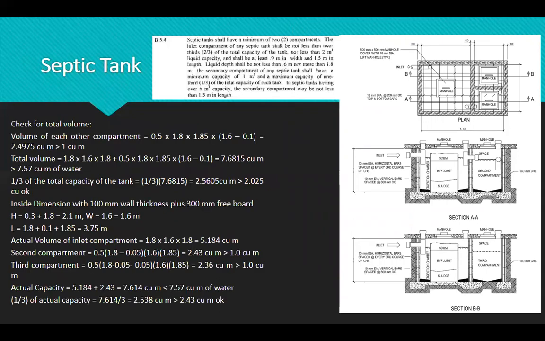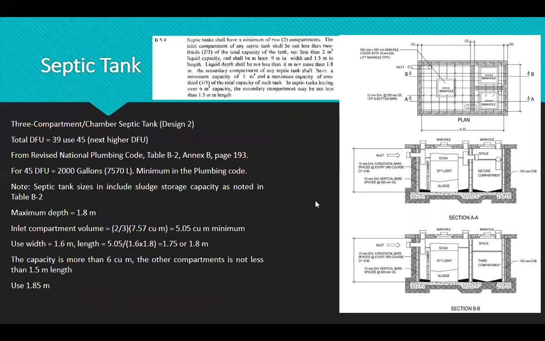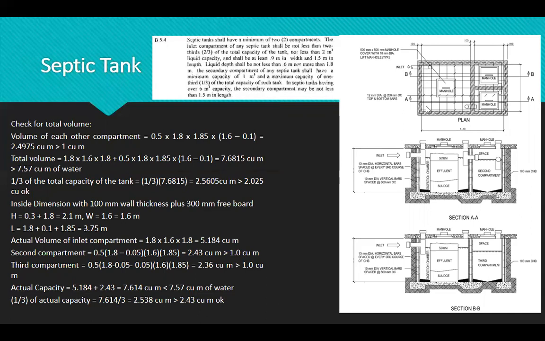Check for total volume. Volume of each compartment is 0.5 times 1.85 times 1.85 times 1.6 minus 0.1. Ito yung 0.1. Ang width mo is 1.6. So ito 1.6 minus yung thickness ng partition, 0.1.